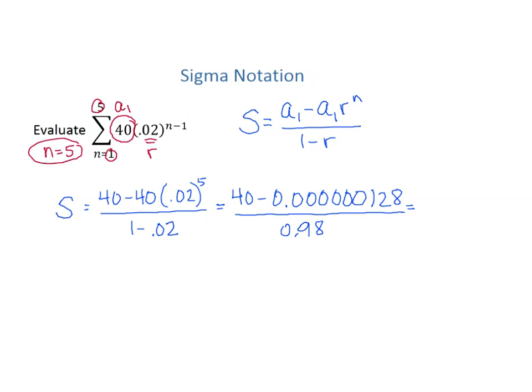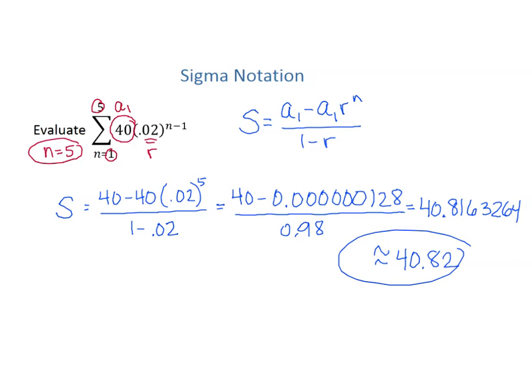Oh, I have to enter it again, so bear with me. 40 minus, so you should be entering it in your calculator too. Okay, divided by 0.98. And I got a long number, 40.8163264. So this might be a question where it would say to round to the nearest hundredth. And if we did that, it'd be approximately 40.82. And that's our answer.